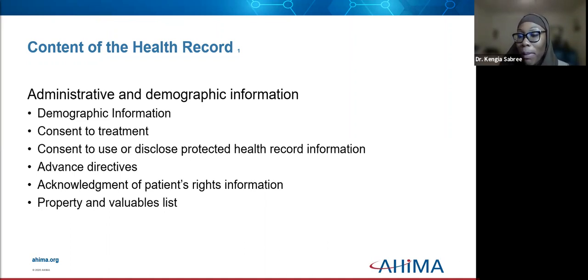It can be in the form of a durable power of attorney for healthcare, in which the patient names another person to make medical decisions on his or her behalf in the event that he or she is incapacitated. Okay, so when the patient has a written advance directive, its existence must be noted in the health record. Patients must be informed that they have the right to have an advance directive.